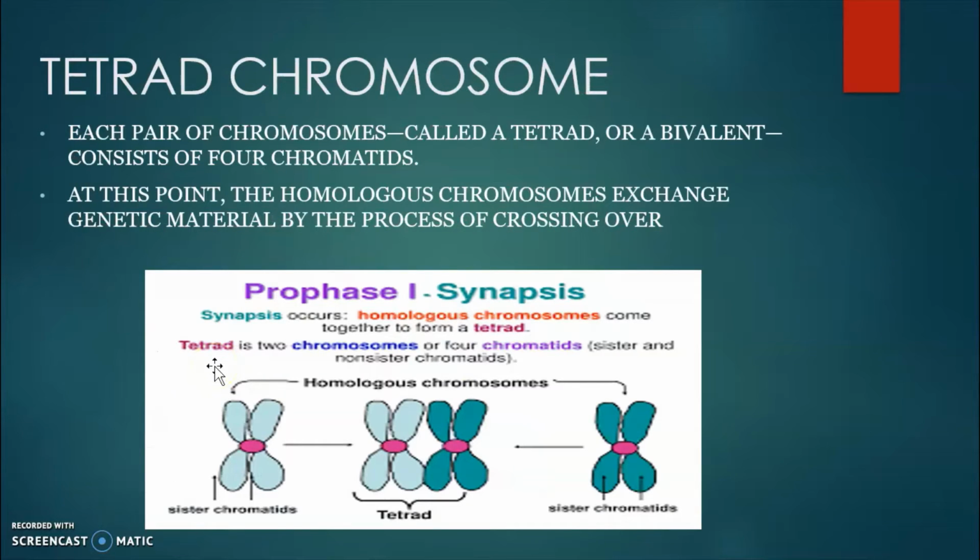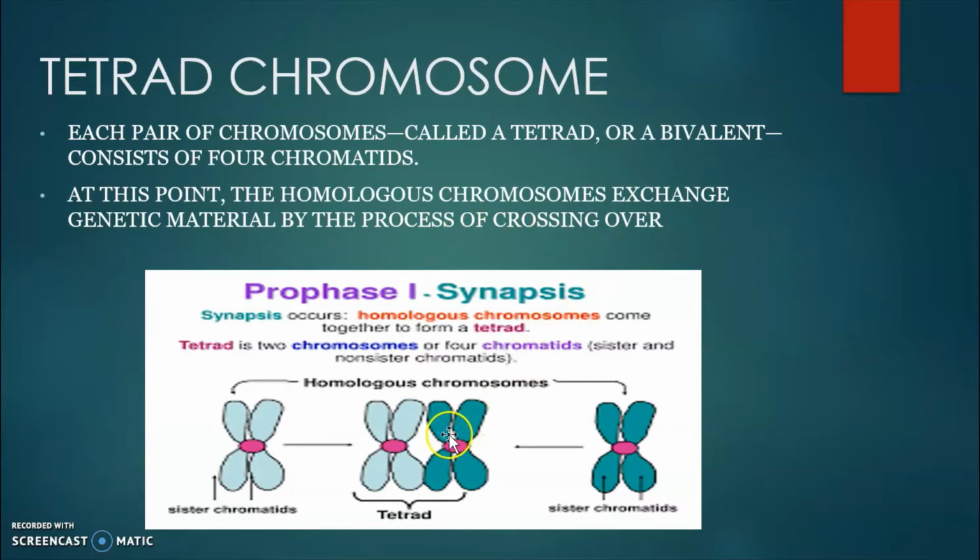Next would be tetrad chromosome. Each pair of chromosomes, called a tetrad or a bivalent, consists of 4 chromatids. Okay, first we know sister chromatid. Here you can see it has only one chromatid. Then at this point the homologous chromosomes exchange genetic material by the process of crossing over.